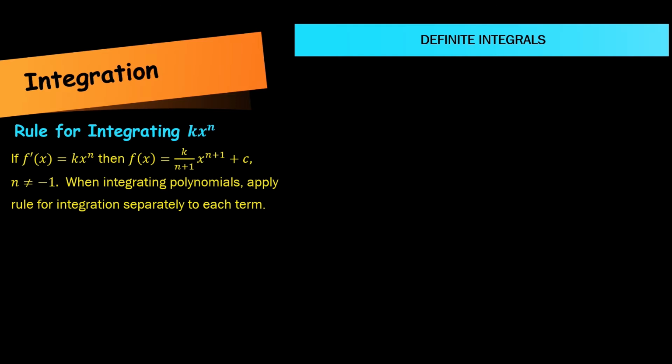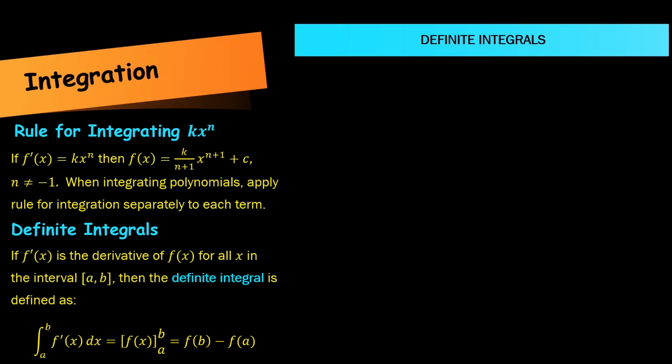Let's now take a look at integration. The rule for integrating kx to the power n is that if f dash of x equals kx to the power n, then f of x equals k over n plus 1 times x to the power n plus 1 plus c, where c is a constant and n does not equal minus 1. When integrating polynomials, apply the rule for integration separately to each term.